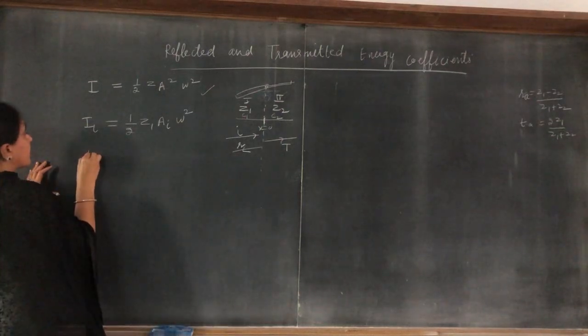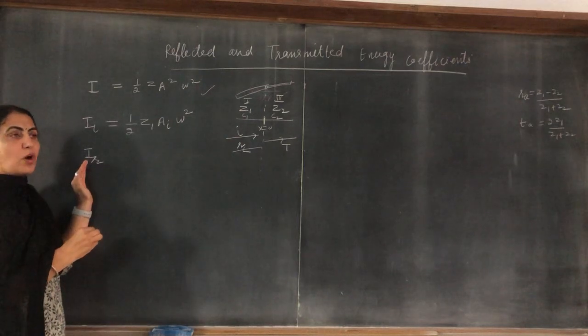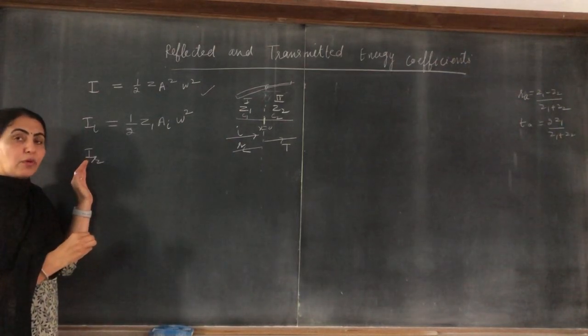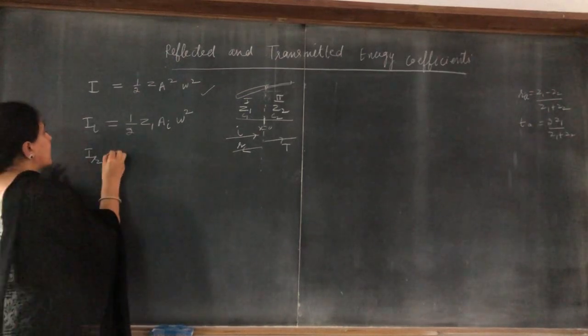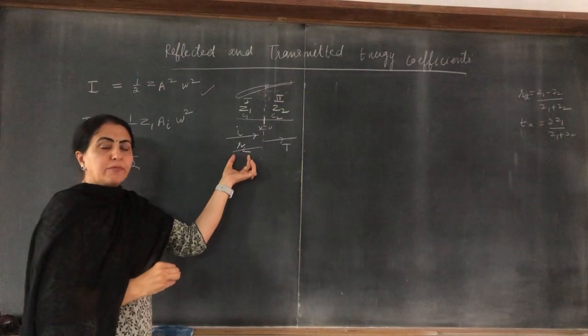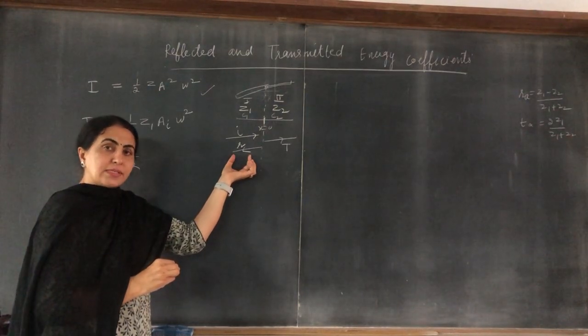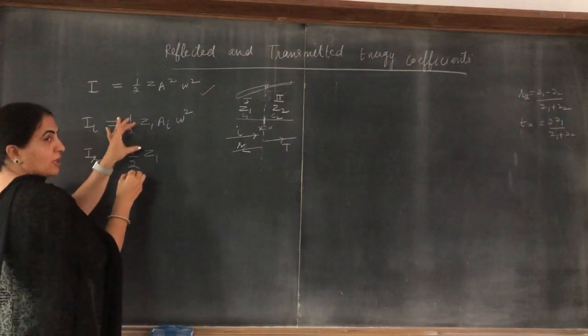Then the intensity of the reflected wave, or the rate of flow of energy for the reflected wave, is equal to half Z1 AR square omega square. Reflection is also in the first medium, so for the first medium the impedance is Z1. Please take care of this.